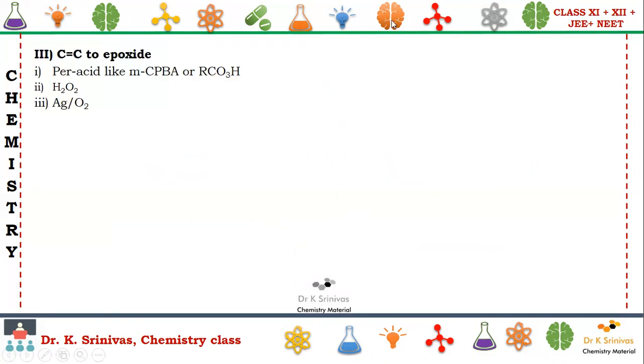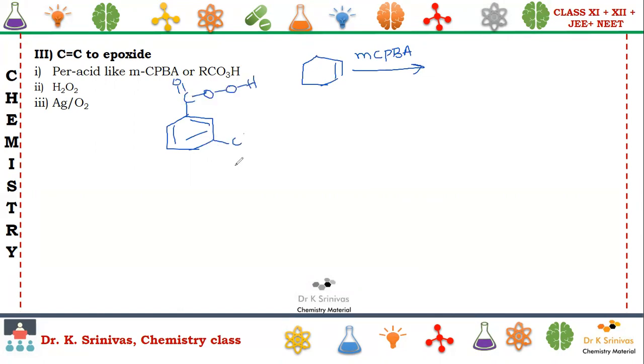Let us try to understand by taking a simple example. I am taking an alkene; it may be cyclic or open. I am doing it with a cyclic one. I am using MCPBA. I already wrote the structure of MCPBA in the first slide, but I will write it once again. This is benzene where we are writing C double bond O, O, O, H. Here I am writing Cl: meta-chloro.